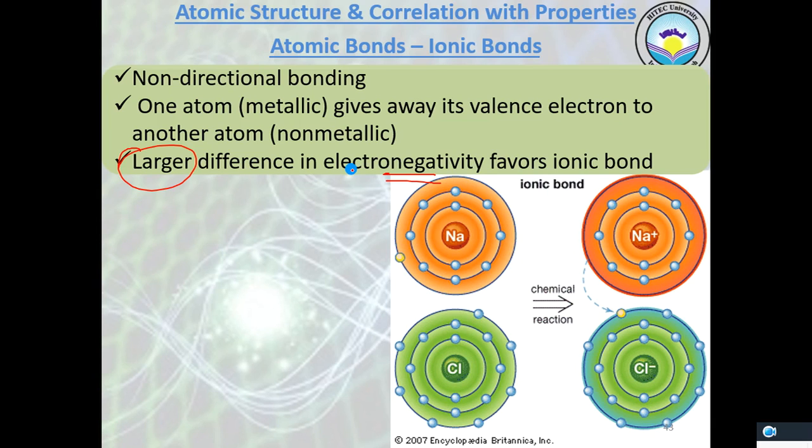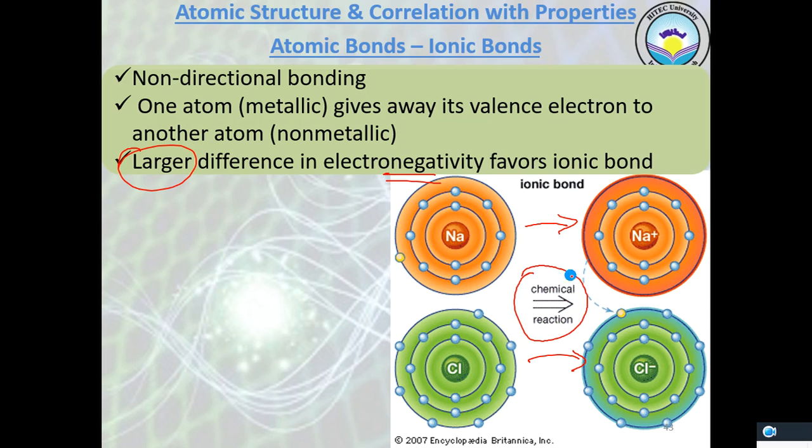So here you can see sodium will become sodium ion and chlorine will become chloride ion. Sodium has lost one electron, so it is Na+, and chlorine has accepted an electron, it is Cl-, and there will be a higher electronegativity difference, and it will favor the ionic chemical bond.